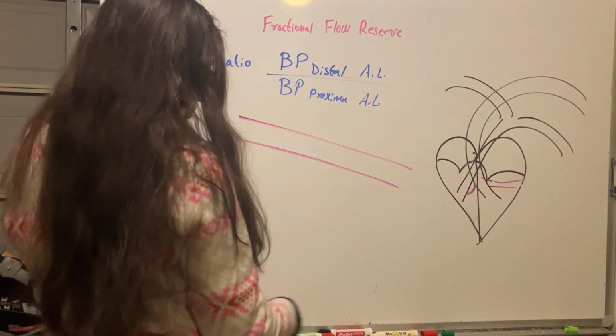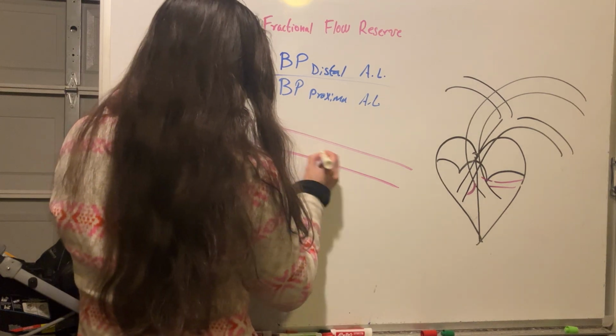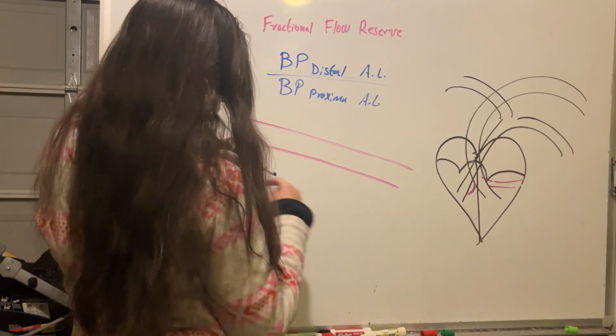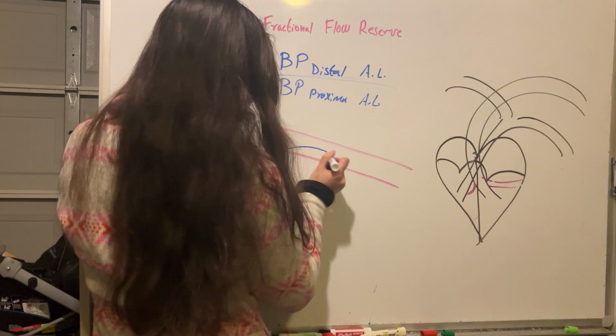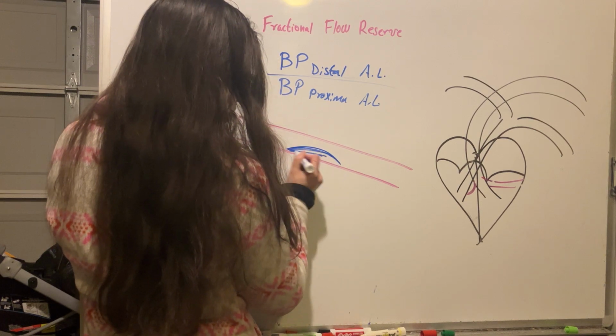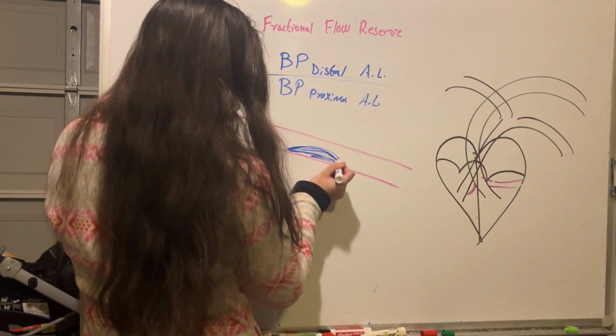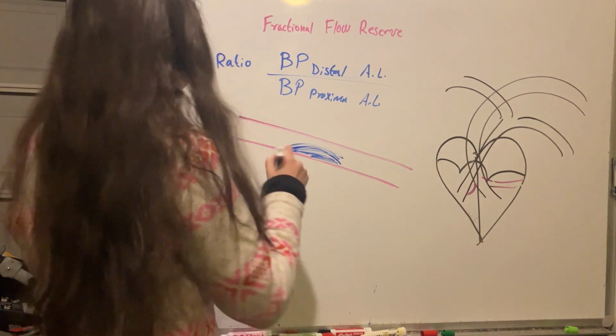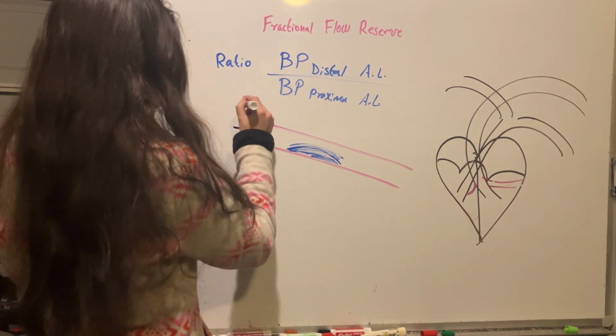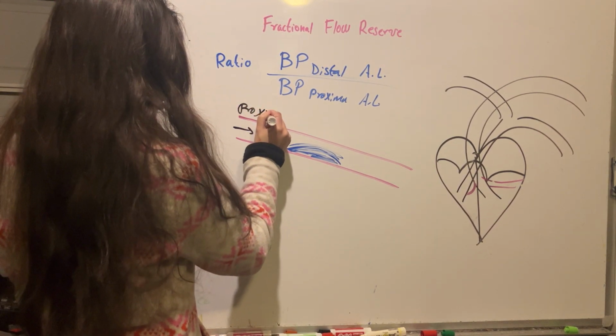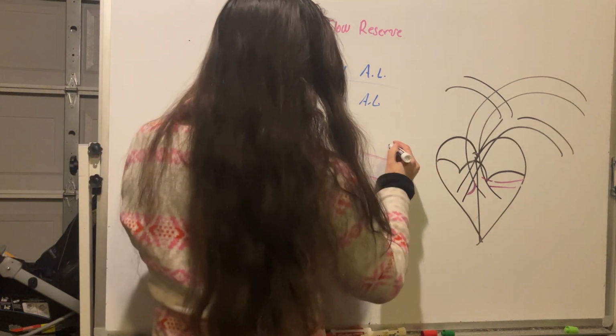And let's suppose we have an atheromatous plaque of this size. So flow is coming in this way. This is proximal. Flow is coming from proximal to distal.